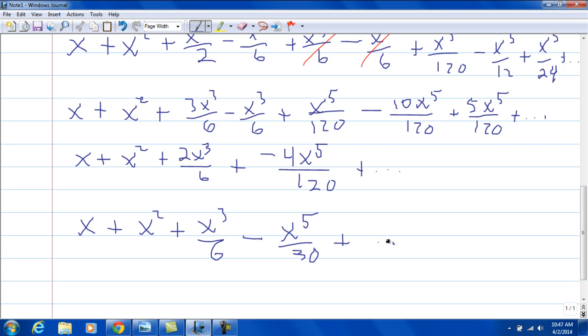It's going to have to be either the first or the second one. And let's see here. Put up my handy dandy calculator. x plus x squared plus x cubed divided by 6 minus x to the fifth divided by 30.